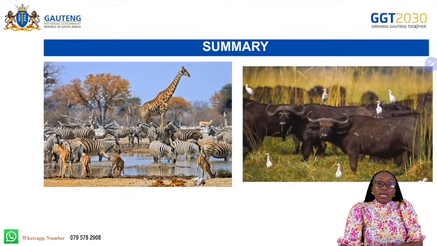We've got competition, where different organisms compete over often scarce resources. We also learned about symbiosis and the different symbiotic relationships that exist: parasitism, mutualism, and commensalism.